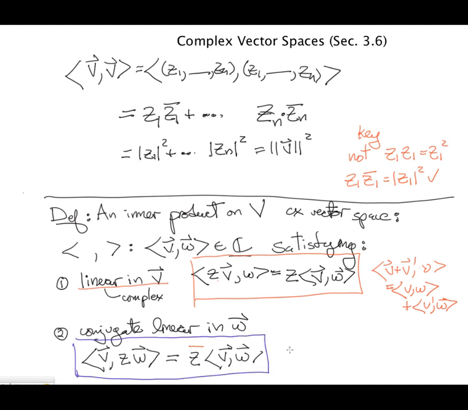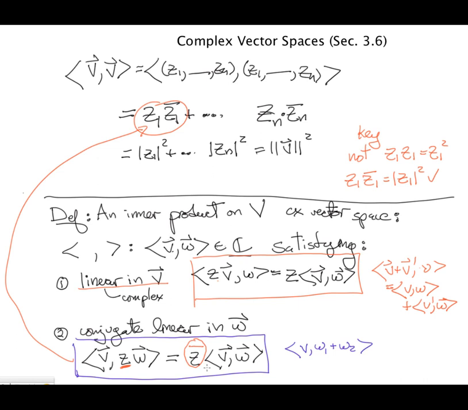And it's also additive. The obvious identity for <v, w1 plus w2> is the sum. But the crucial thing here is that when you pull the z out from the second coordinate, it comes out with a bar. And that's forced on you by this formula right here. If you want this to be an example of an inner product, because of this bar on the second term, scalars are going to pull out with a bar.